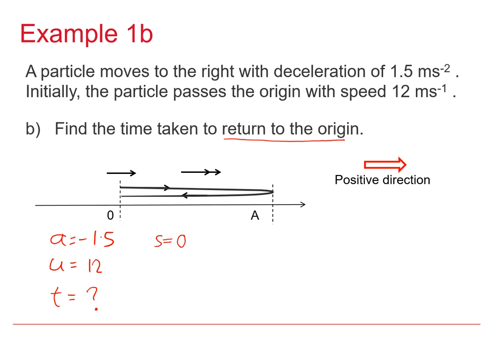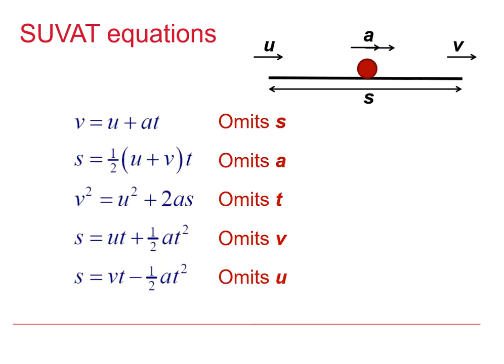So if we just look back then at the Suvat equations, we can see that there is the second one from the bottom here, which involves those 4 variables. So we're going to use s equals ut plus half at squared.